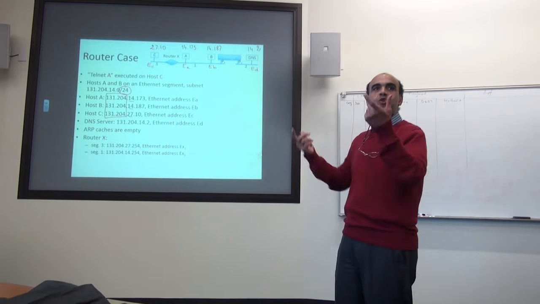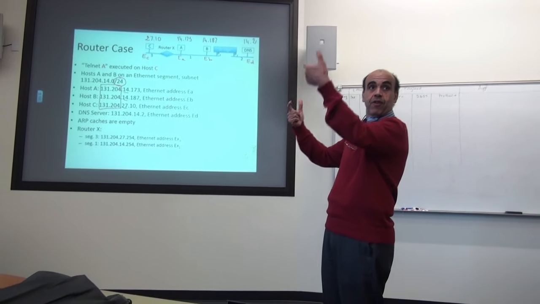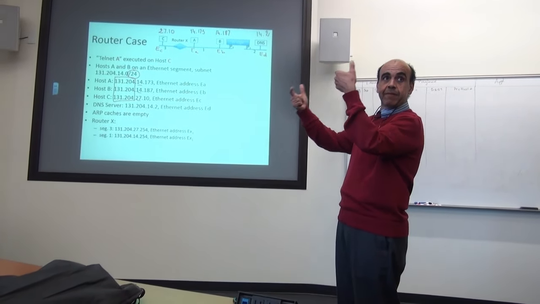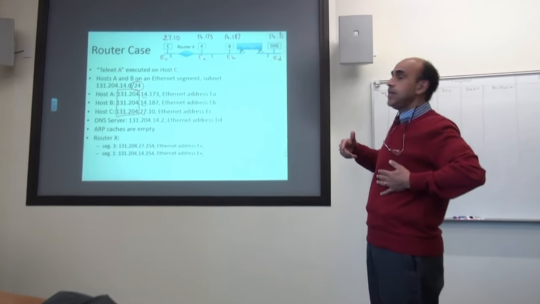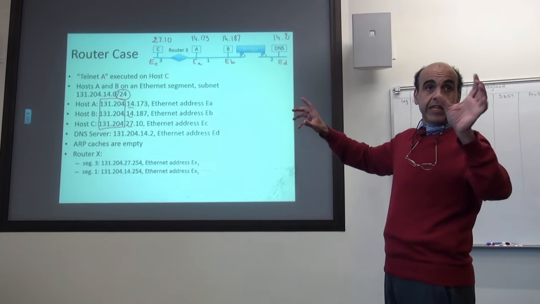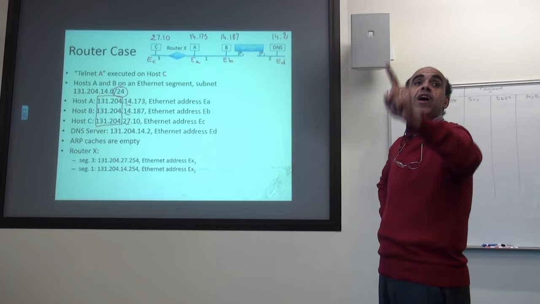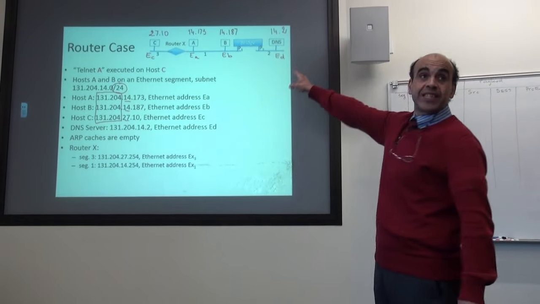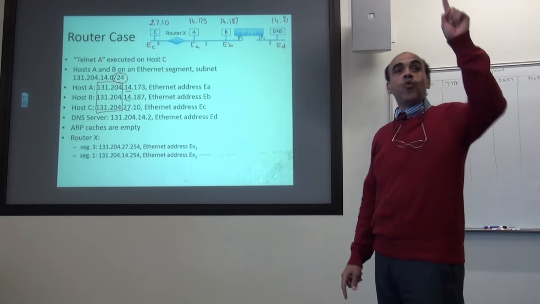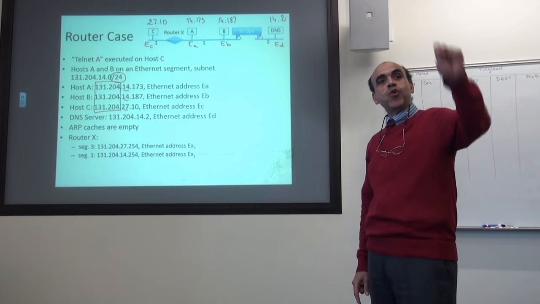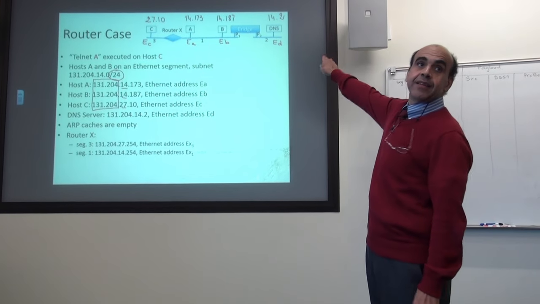Normally if you do the mask over 24 bits, you will find out that C is on network 131.204.27, while the destination is on 131.204.14.2.